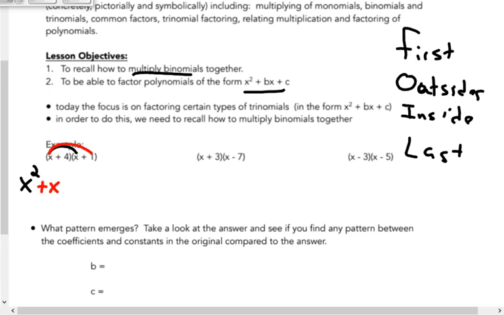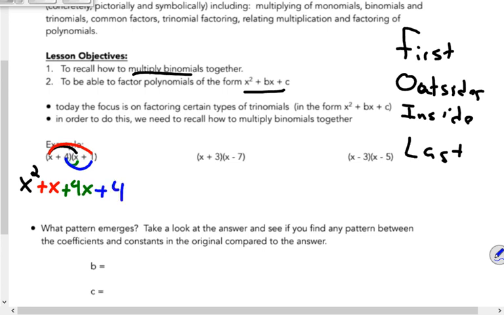Then you do the inside numbers. 4 times x. 4x. And then you do the last number. These are the last numbers in both brackets. 4 times 1.